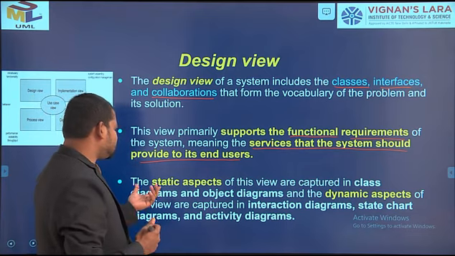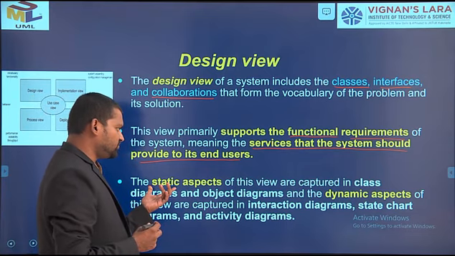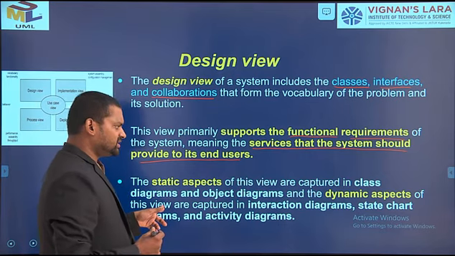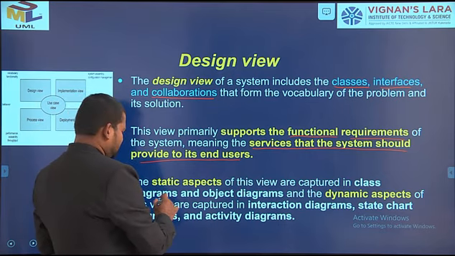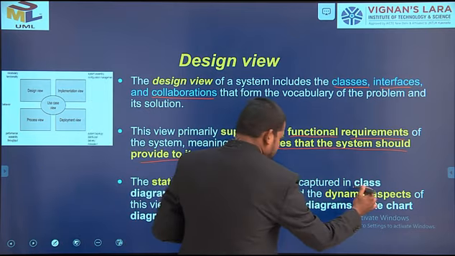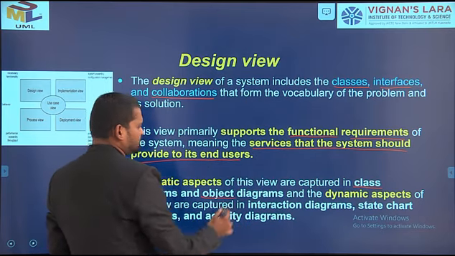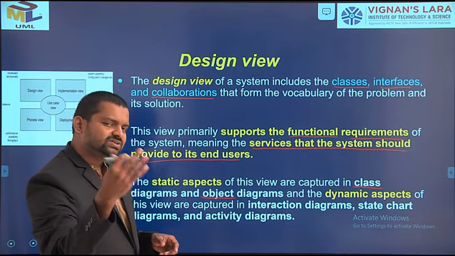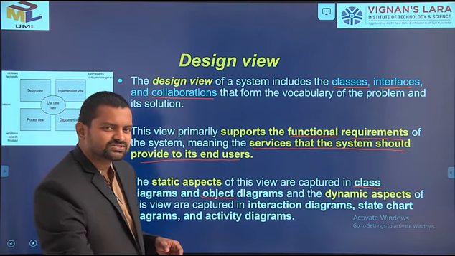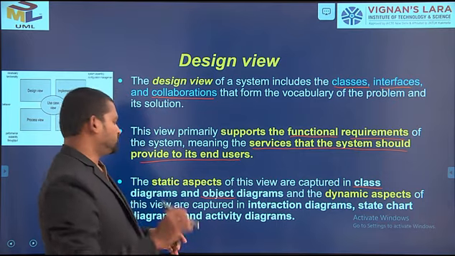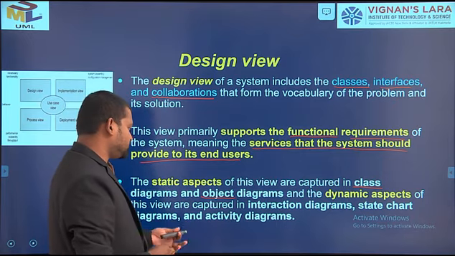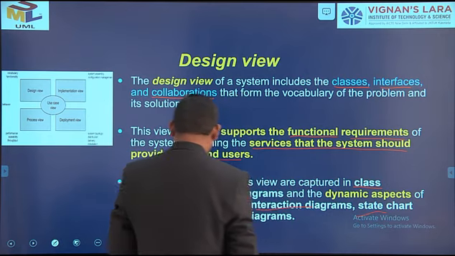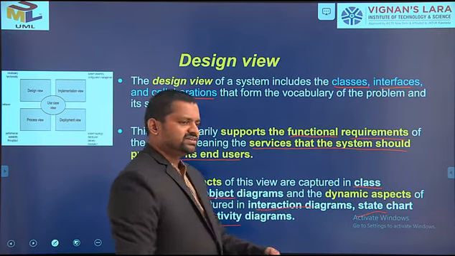Next, static aspects of the design view are represented in the class diagram and also the object diagram. The dynamic aspects in the design view are interaction diagrams, state chart diagram, and activity diagrams.